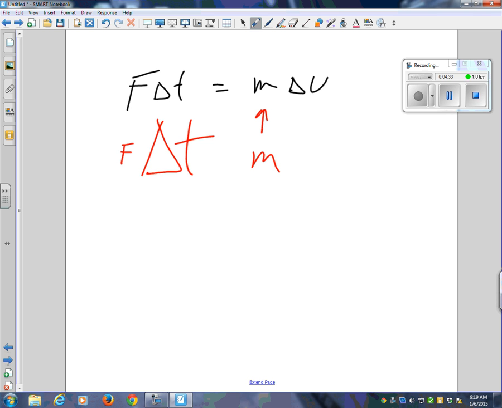If I apply the same size force, but I increase my delta T, because the mass of the baseball doesn't change, to make the right-hand side of the equation equal to the left-hand side, the delta V must also increase. And an increase in delta V means you change the velocity by a whole lot more, which means the ball goes farther, faster.